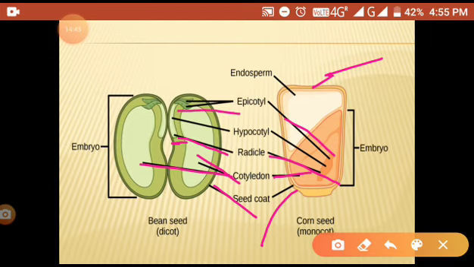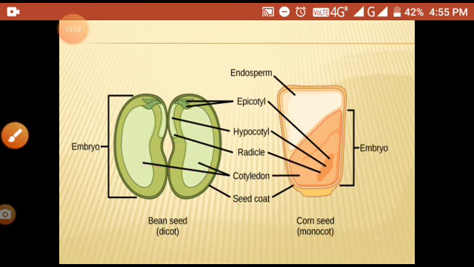So in favorable conditions of air, water and temperature, a seed germinates to produce a new plant. Until the seed gets enough water, temperature and soil, it can remain in this position.